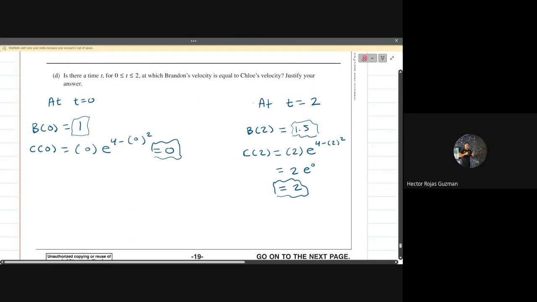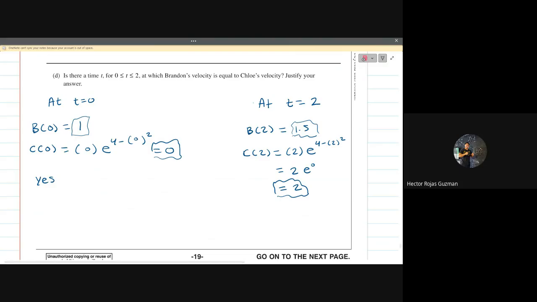So is there a time when Brandon's velocity is equal to Chloe's velocity? Yes. Since Brandon's velocity at the beginning is greater than Chloe's velocity, and later on, Brandon's velocity is less than Chloe's velocity, that should be a 0 parentheses. Oh, and I'll say something else.